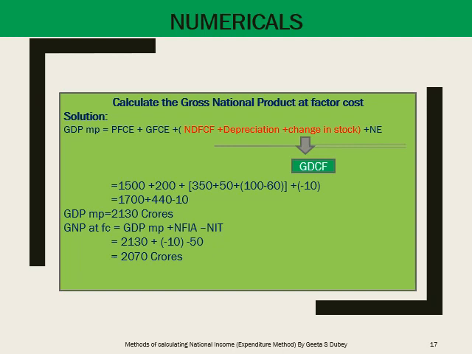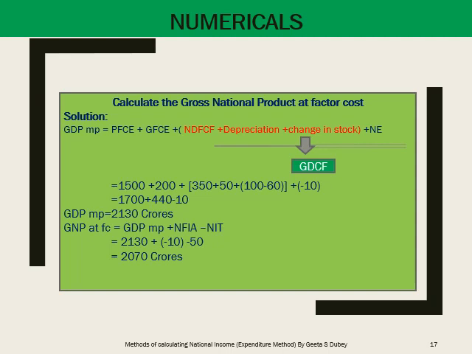In the given question, gross domestic capital formation is not given at one go. The 3 parts of it are given to you. Add them to get gross domestic capital formation. As you can see on screen, we need to add net domestic fixed capital formation, depreciation and change in stock to arrive at gross domestic capital formation.